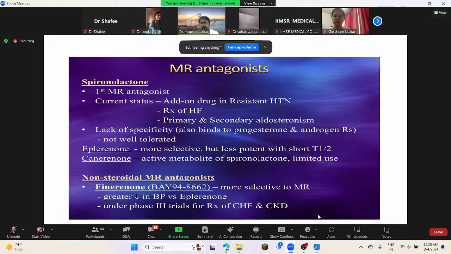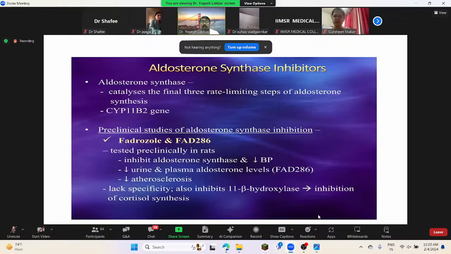Then some newer molecules are coming into the picture also, finerenone. Then aldosterone synthase inhibitors. One more aspect that is being targeted is the aldosterone synthase inhibitor. This is a CYP inhibitor that blocks aldosterone synthesis itself. This molecule, fadrozole, is being tested.